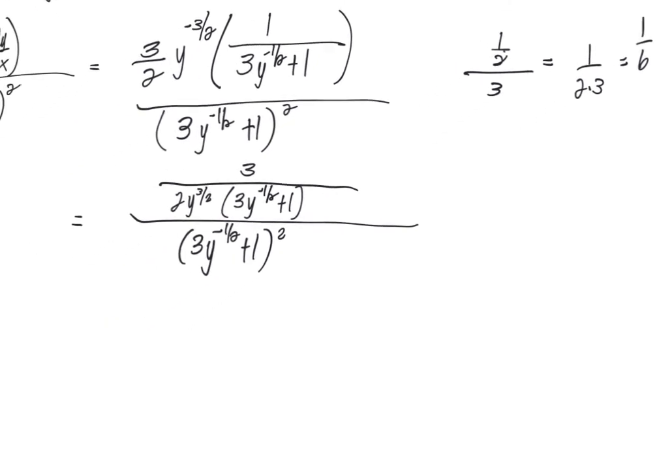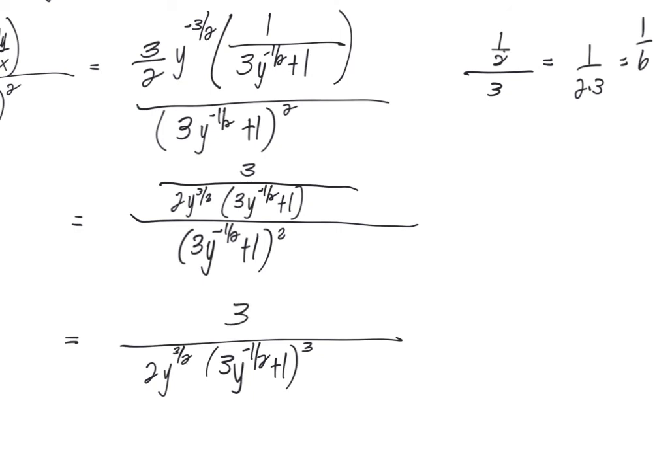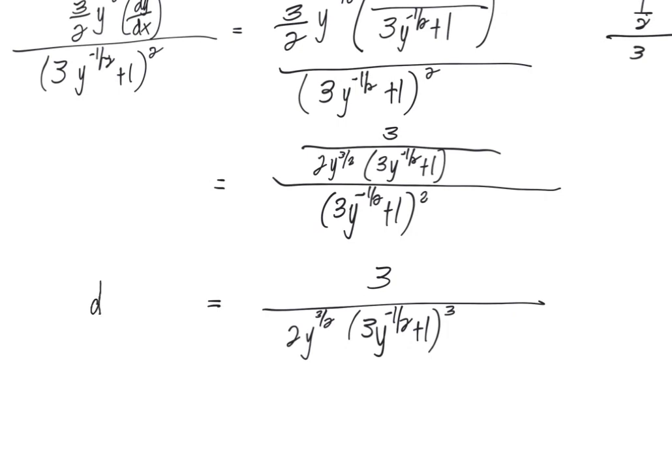So what's going to happen here is the 2y to the 3/2 will be in the denominator. So that's going to be 1 power and 2 more powers to give us a 3rd power. And all we have left in the numerator is 3. And this is our second derivative using implicit differentiation.